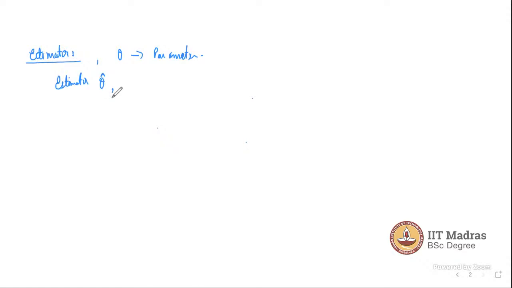You had asked about the variance of the estimator. Now let's say we have n samples, x1, x2 up to xn, coming from a Bernoulli p distribution.